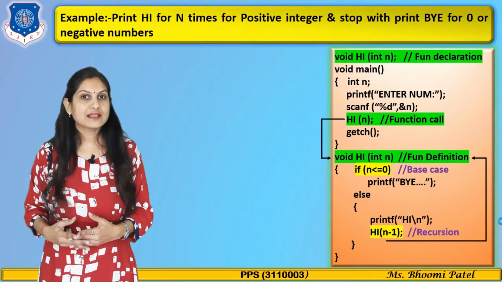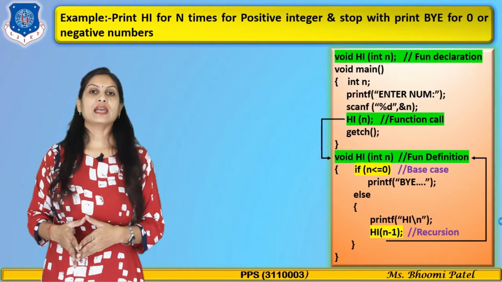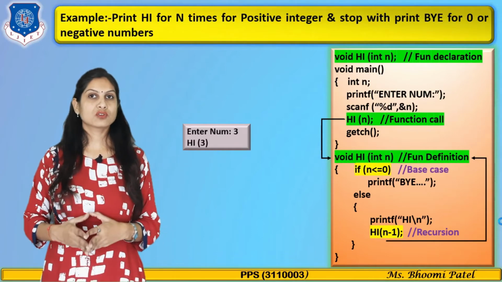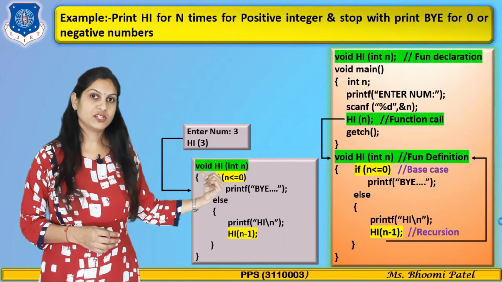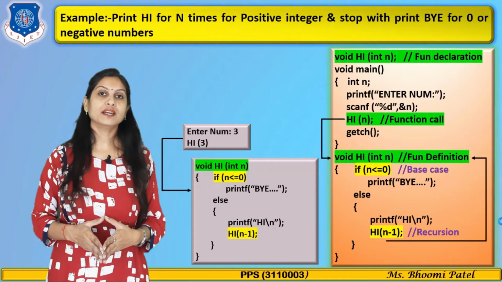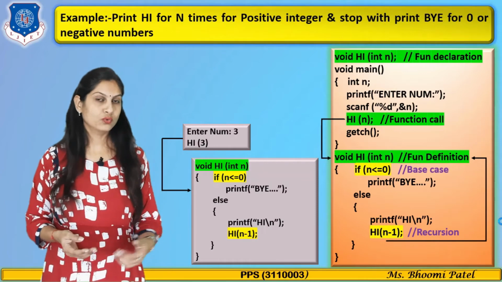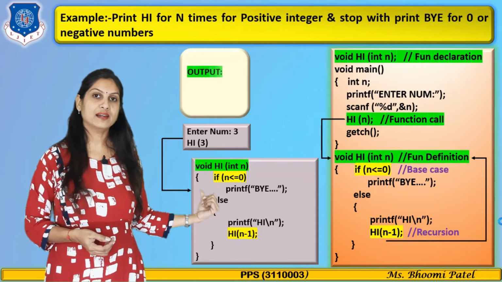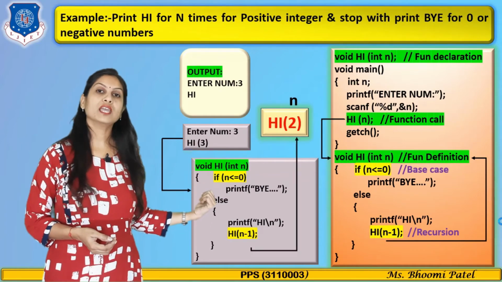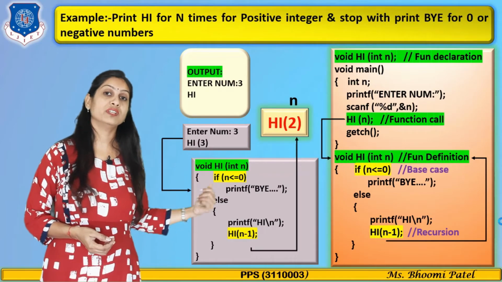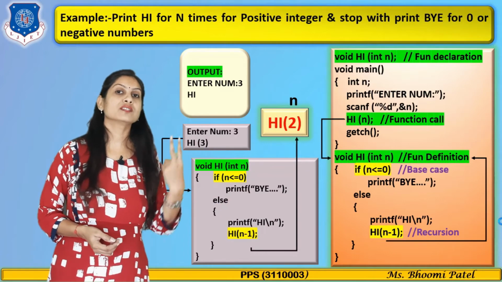How will this program execute? Suppose I am taking n equals 3, then the function is called hi(3). Then jump onto the definition part and check the condition. Is n less than or equal to 0? No. So move onwards to the else part, and the first hi will be printed one time, and then again we have to call the function hi with 3 minus 1, that is value 2.